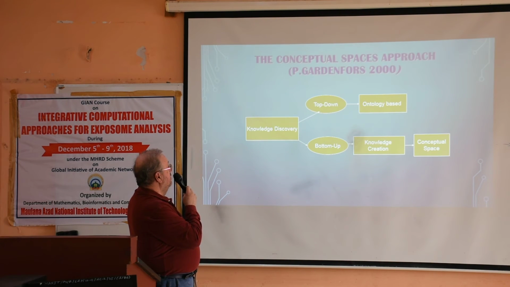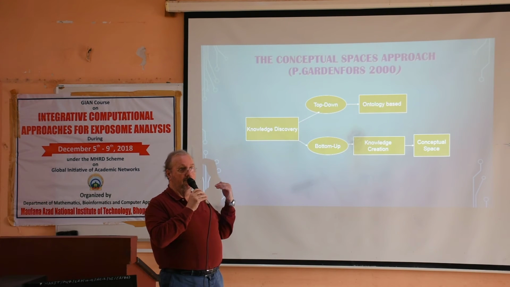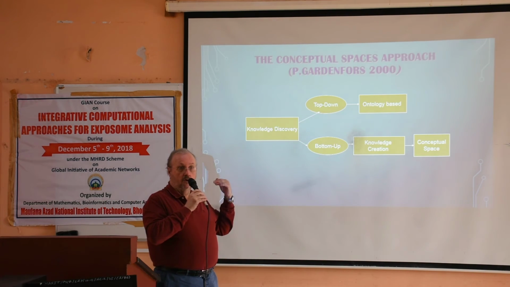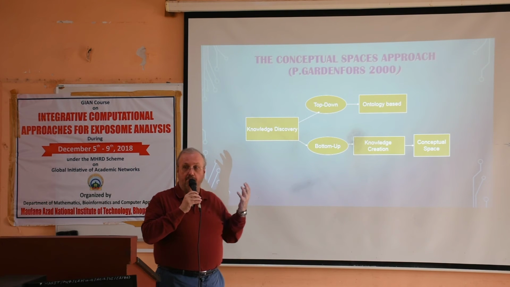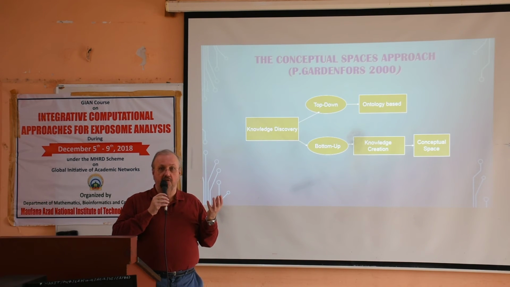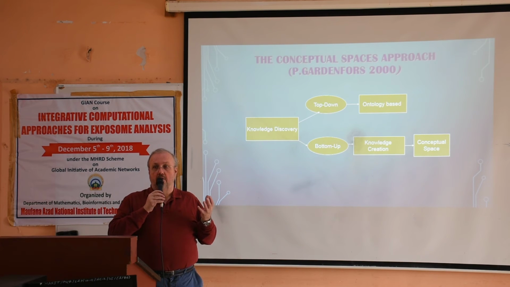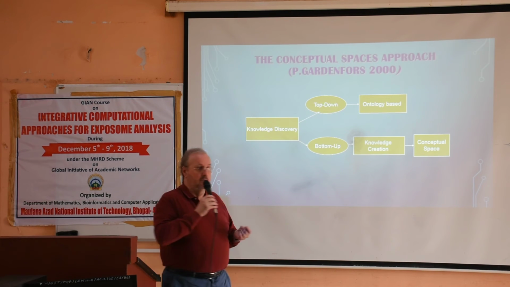Knowledge discovery can be performed top-down, and we come back to the ontology. Here you understand that one of the key points is the ontology, in which human expertise formalizes the knowledge.